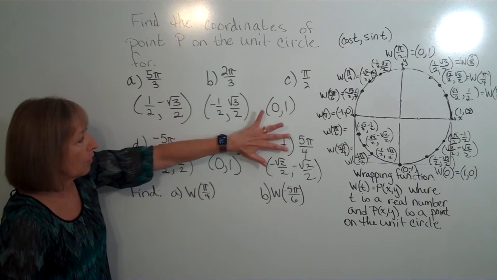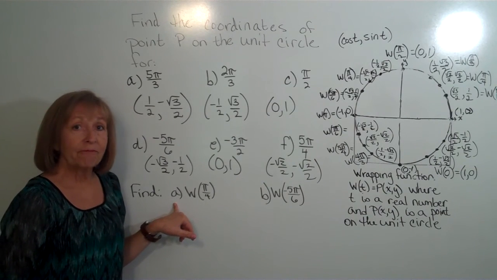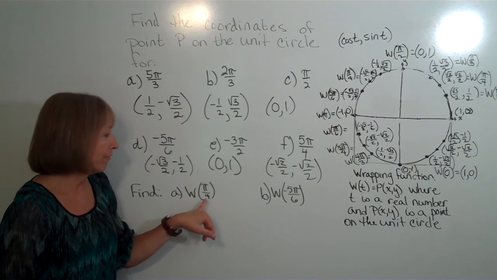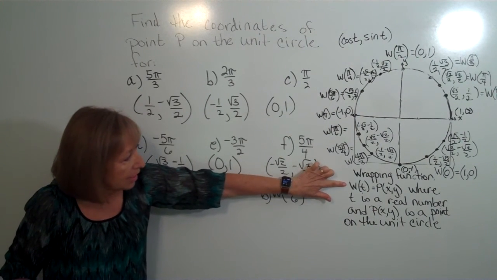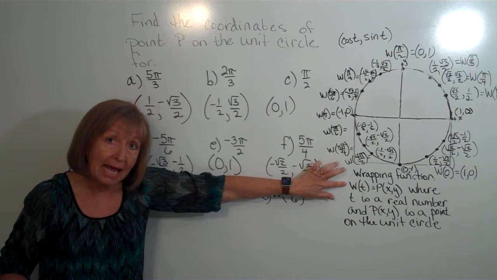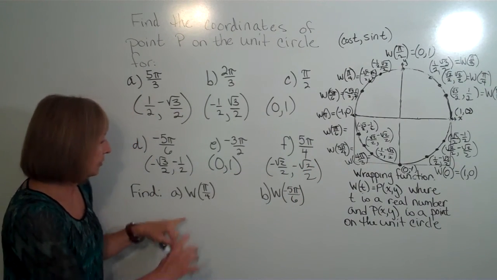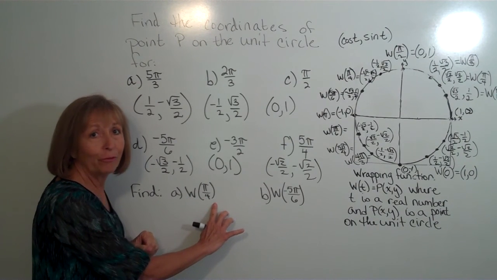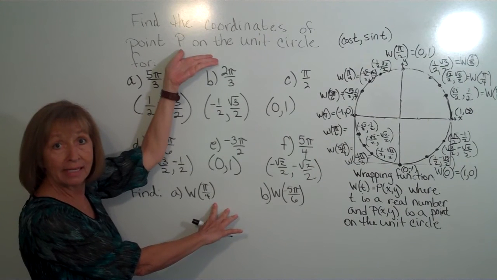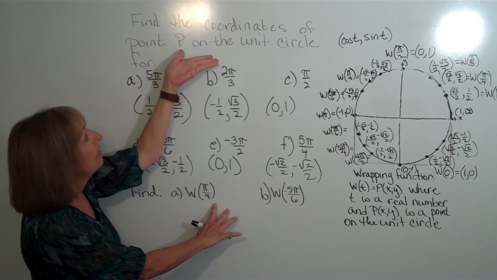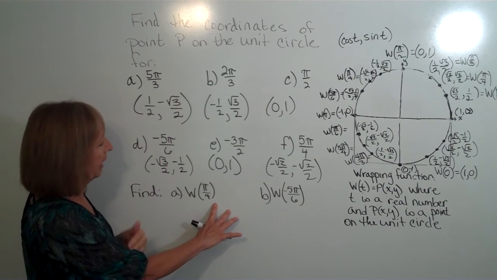Now that's for the ordered pairs on the unit circle. The next one just says find the wrapping function for these real numbers. And remember, the wrapping function is defined to be the point on the unit circle for that particular real number. So the wrapping function for pi over 4 is actually asking you the exact same question that it asks you up here when it says to find the ordered pair, the coordinates of the point on the unit circle for a particular angle.